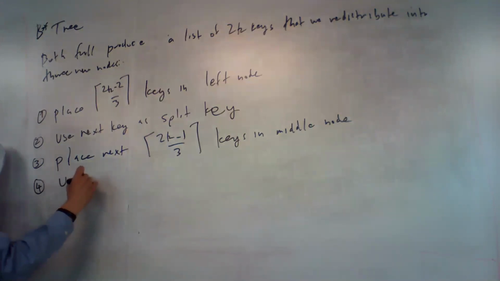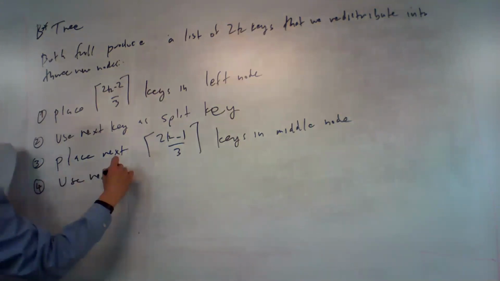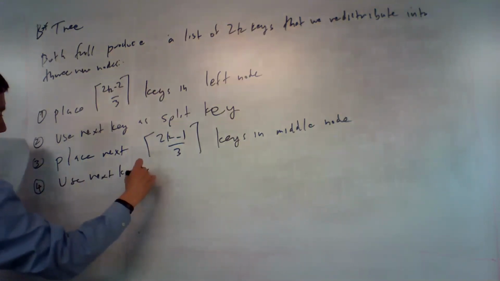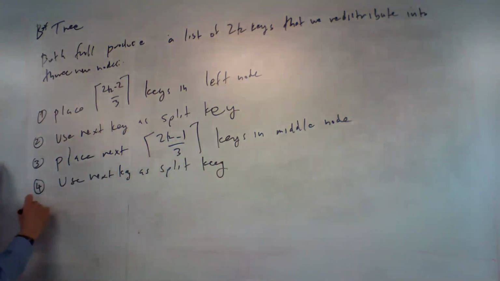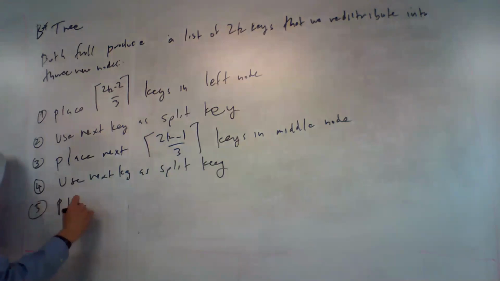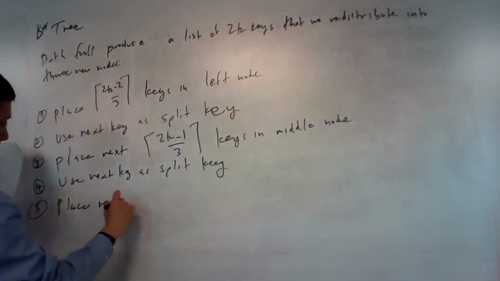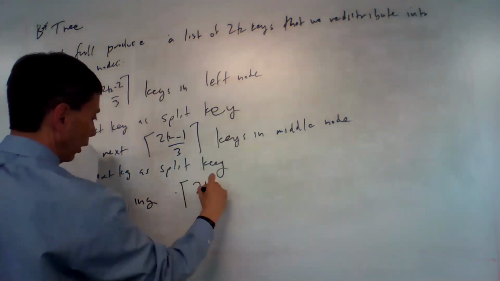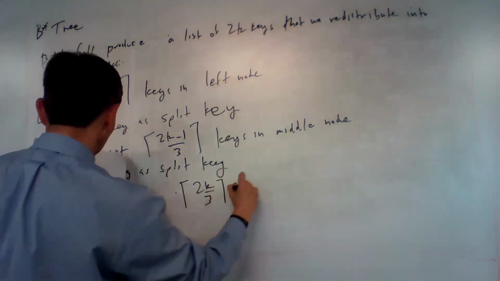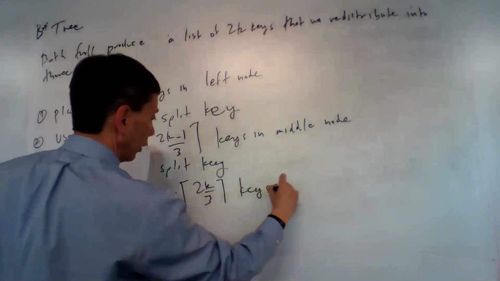And use the next key as a split key. And then you place the remaining ceiling of 2K over 3 keys in the right node.